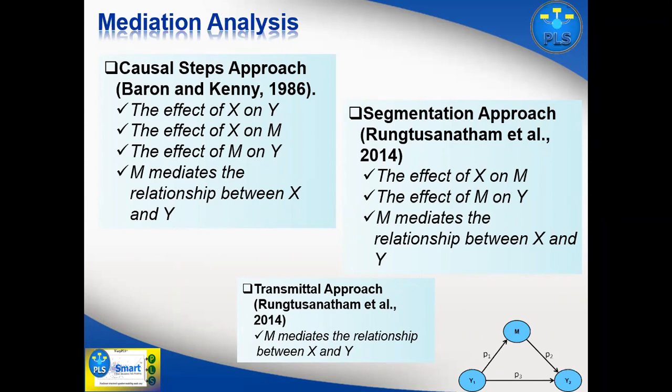Then next, we look at the effect of IV on mediator. Then we look at the effect of mediator on DV. Then, if there is mediation, we say M mediates the relationship between X and Y.